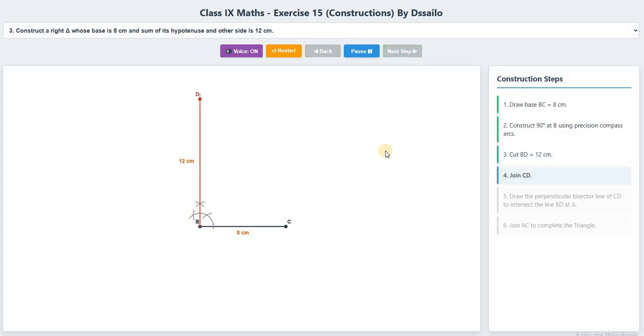Join CD. 5. Draw the perpendicular bisector line of CD to intersect the line BD at A. 6. Join AC to complete the triangle.